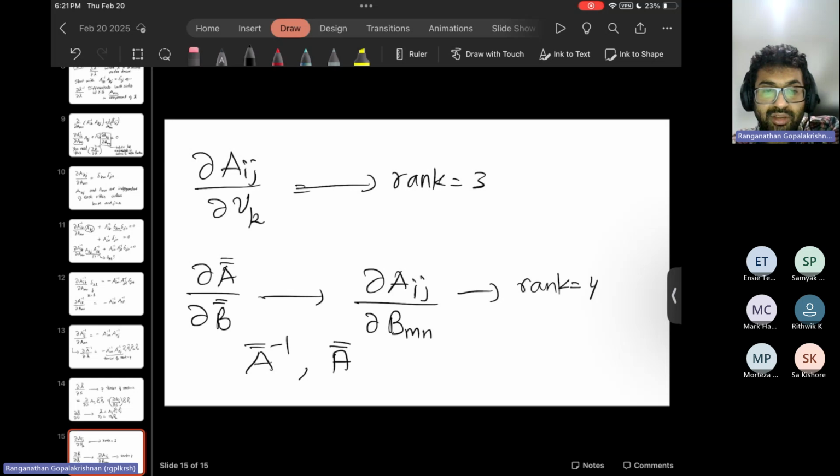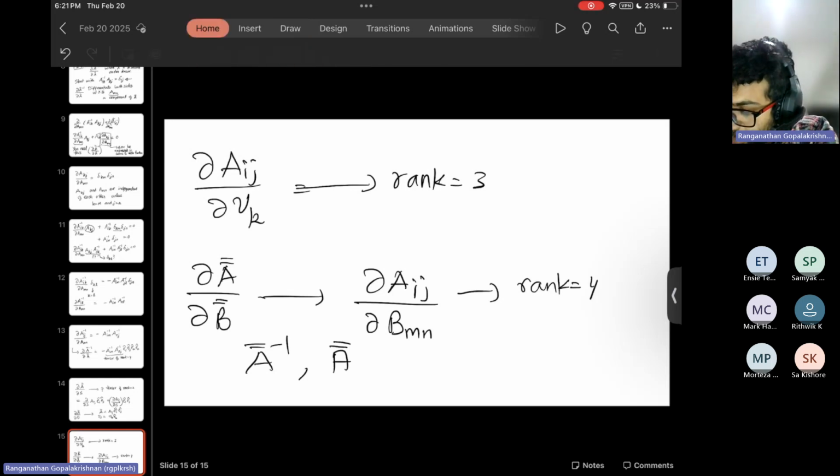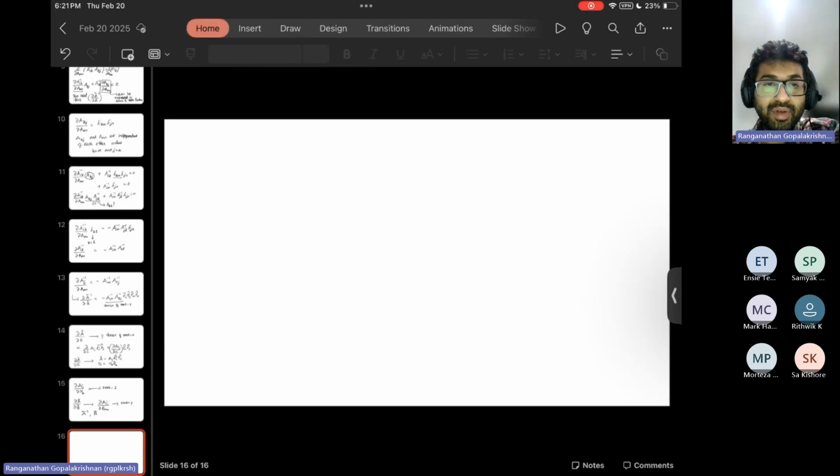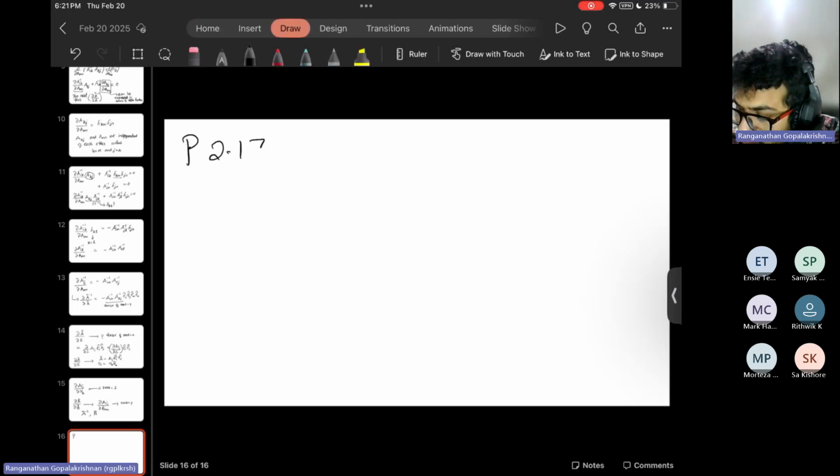Problem 17, that's also on the homework. This is related to some of the identities which we encountered last time. Maybe we'll try one of these. So problem 2.17, take a look and suggest to me which one we should try.